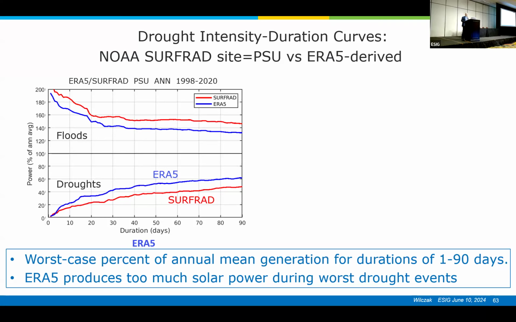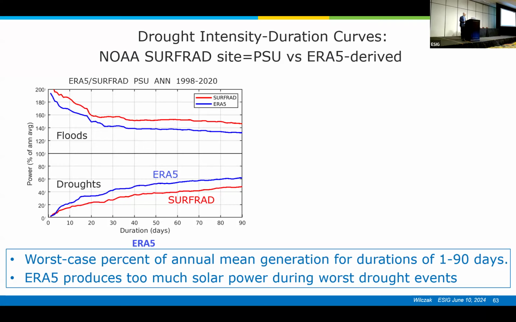The blue curve is for the ERA 5 and the red curve is for the observations. And what you can see is that the ERA 5 consistently overpredicts the amount of power that's going to be produced during these worst case drought events. And for some durations, it can be off by as much as 50%.